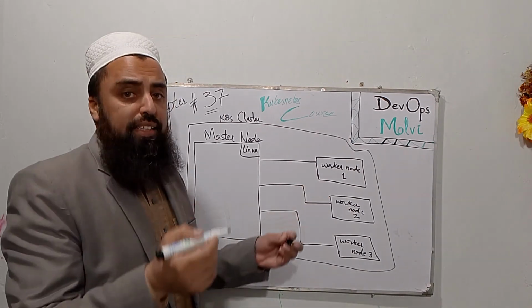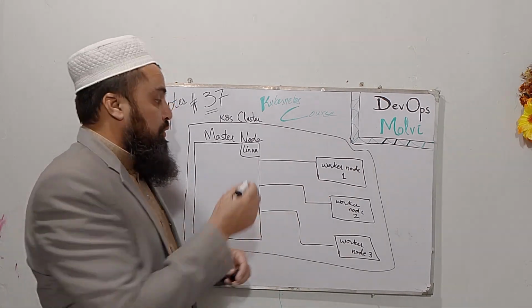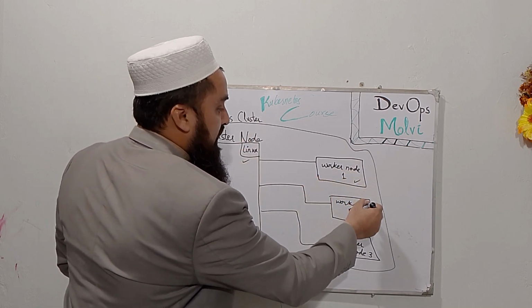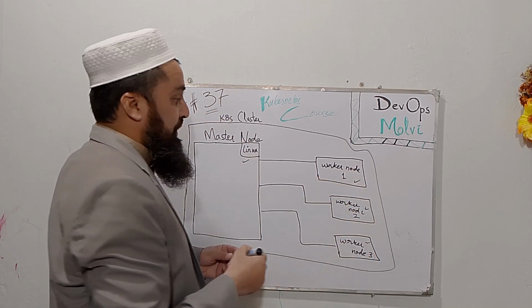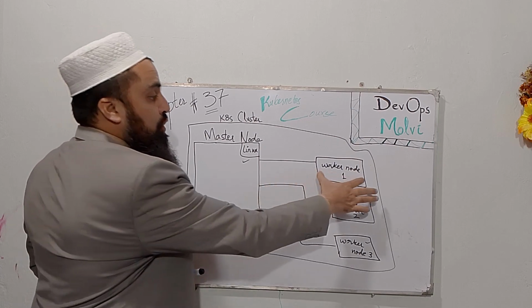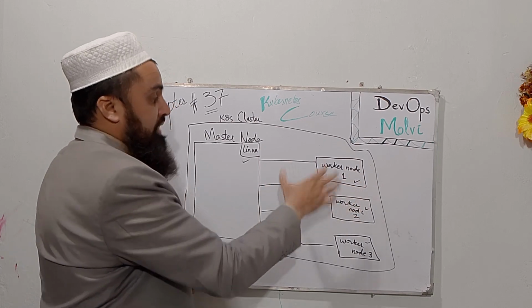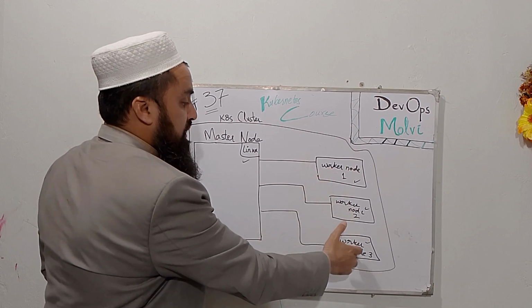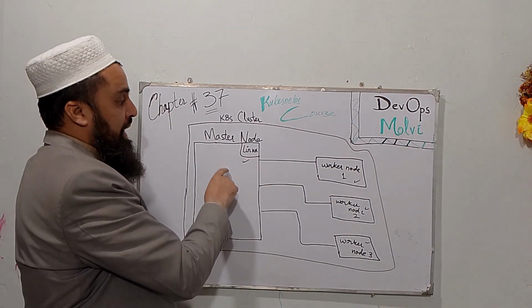Node means a Linux machine, a Linux server. So this is also a Linux server, and these are also my Linux boxes, Linux machines. Every node or every VM should have Linux installed, and worker nodes communicate with the master node.